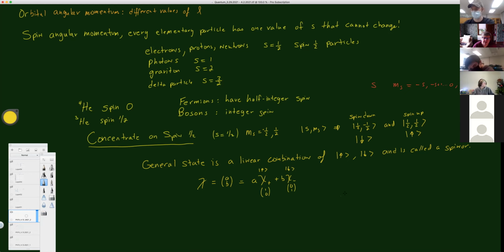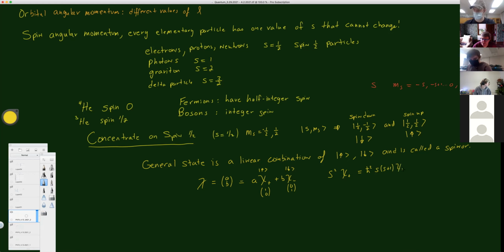Okay, and if we look at s squared acting on our chi plus, right? So acting on the up state, where remember that's h bar squared s times s plus 1. Remember, s never changes. It's 1/2 times chi plus.